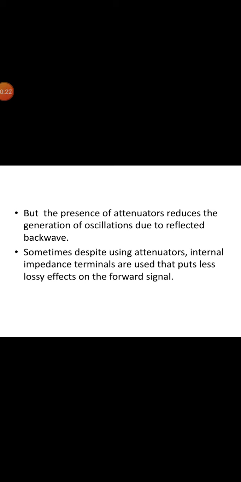Oscillations due to the reflected back wave can be reduced by inserting an attenuator in the middle third region of the slow wave structure. Another alternative, which is less lossy to the forward wave signal, is the use of internal impedance terminations called servers. In most cases, one server is used for each 15 to 20 dB of TWT gain.